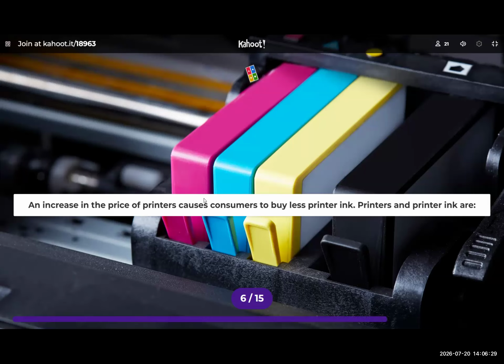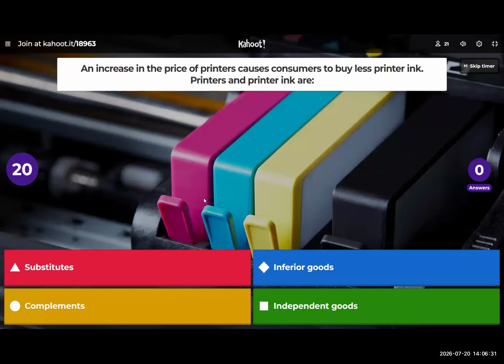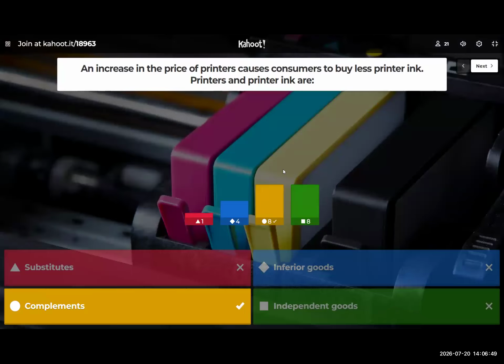Printer and printer ink. Independent. They are complements, right?